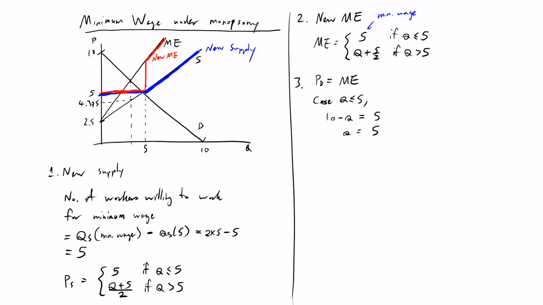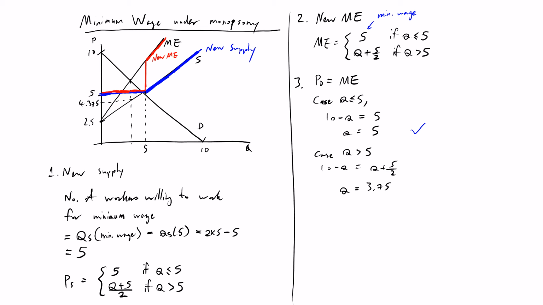Which is okay, right? This is fine. But what about the other case? You have to check the other case. Case Q bigger than 5, you have 10 minus Q equals Q plus 5 over 2. What do you get in this case? You get Q equals, what, 3.75, right?